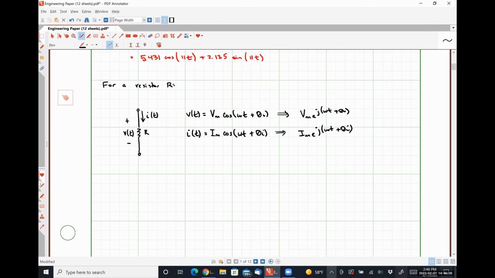Since we know that this complex representation contains literally the exact same amount of information as our time domain signal, but it makes our math easy, all right?